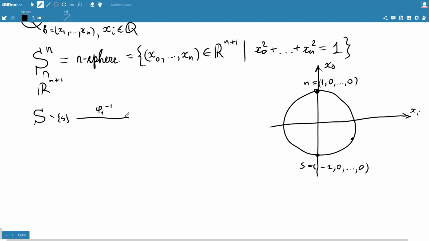So this is the map to the whole R^n, which is given by stereographic projection. So take any point x in the sphere and project it from the South Pole to the point, say, y.